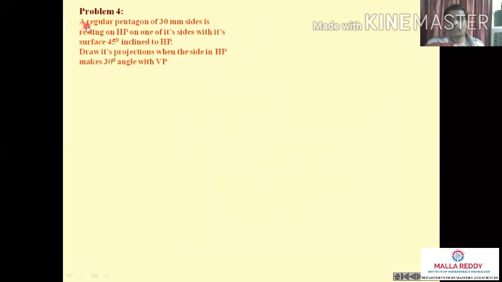As given in the problem, a pentagon of 30 mm side is resting on the horizontal plane. So the first step will start below the XY line, as we have seen in the previous class. It is resting on its side. We have seen if a side is resting, the edge will be on the left side.